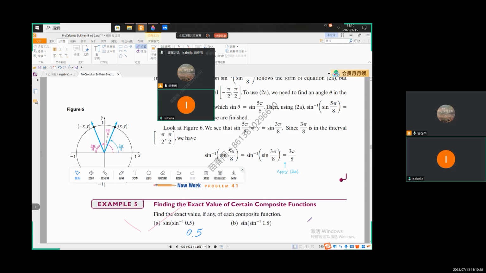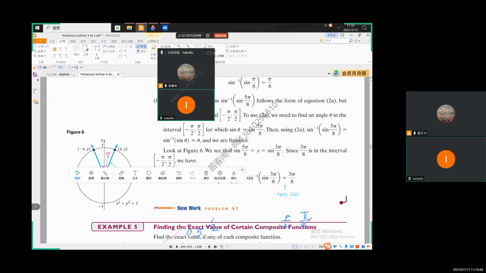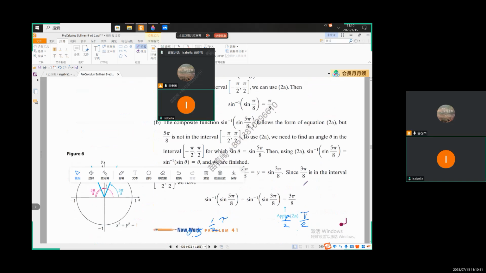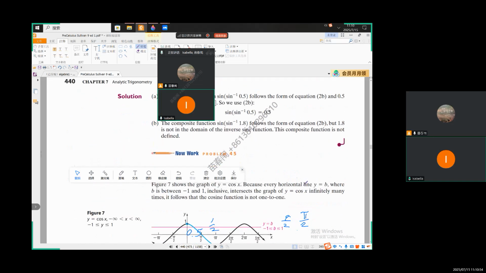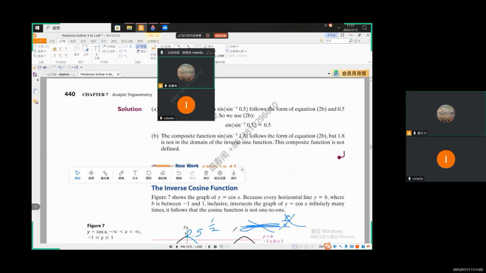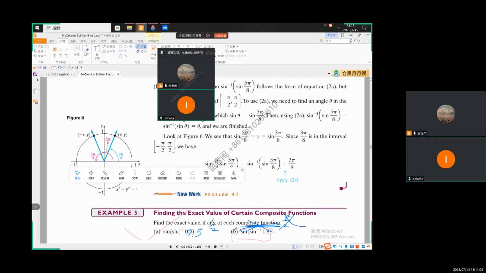Okay, so this is 1/2, so that's within, and this is 9, not within. And it has to be within. Okay, 1/2 is pi over 6, and this one has a domain. Sorry, it follows different rules. It still doesn't work, so this one really doesn't have anything. Sorry, I got confused with the other one's domain.